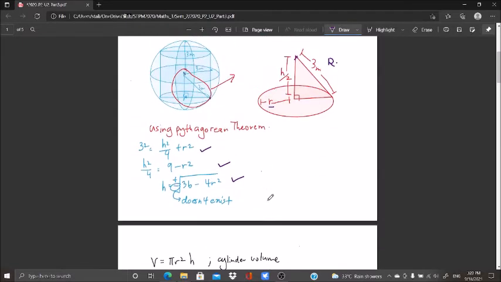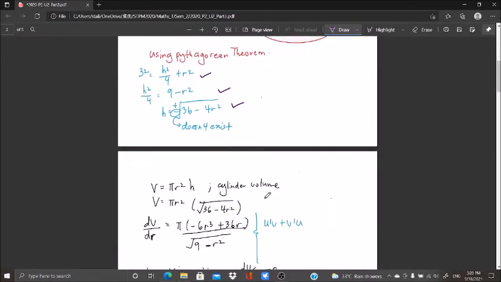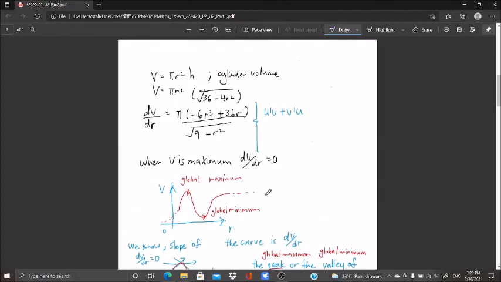V equals pi r squared h, the cylinder volume, and then we differentiate to obtain dV/dr. I am using the product rule, u'v plus v'u, the multiplication rule of derivatives.